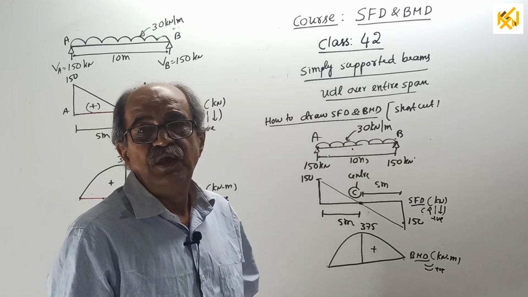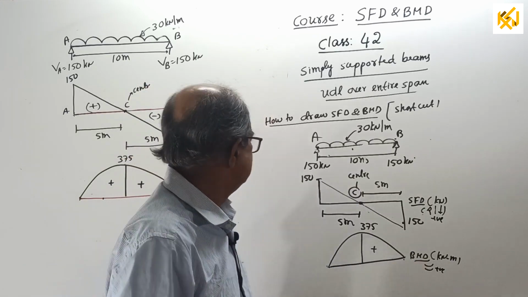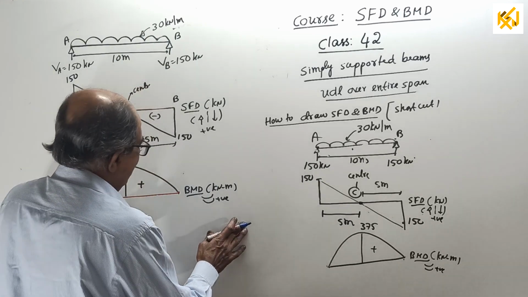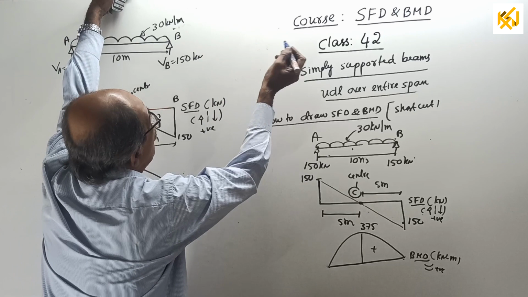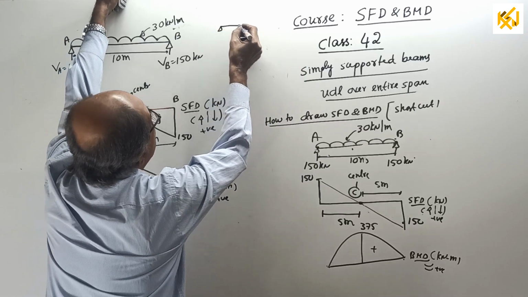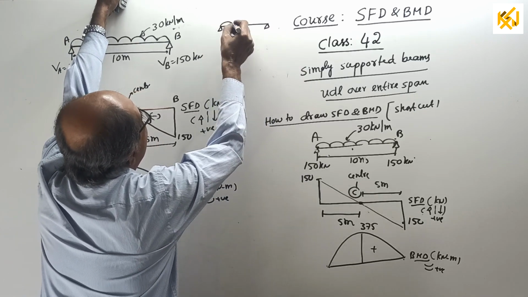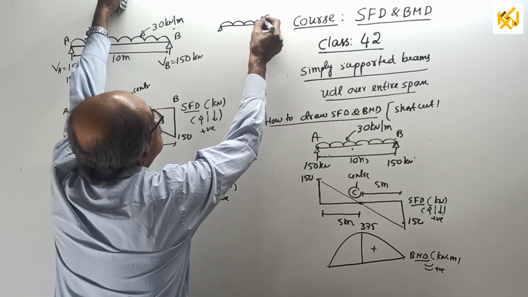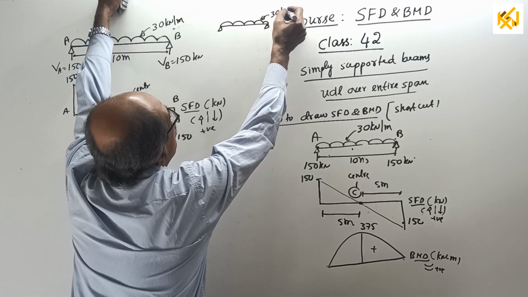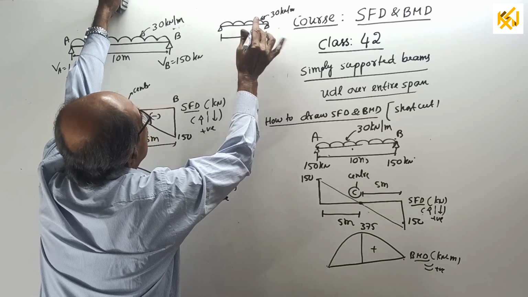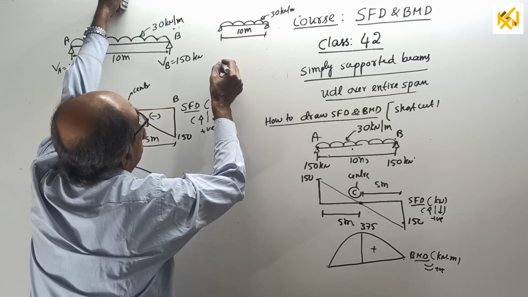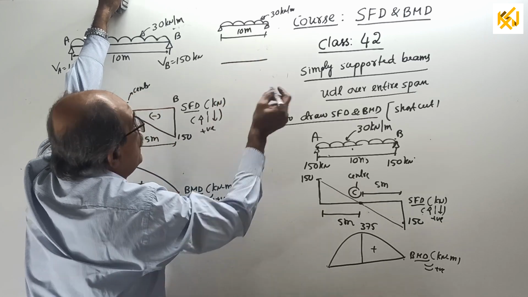Now, I will give you one more shortcut. Here I will write: simply supported beam, UDL of 30 kilonewton per meter, span 10 meter. Remember the bookwork, everybody knows.